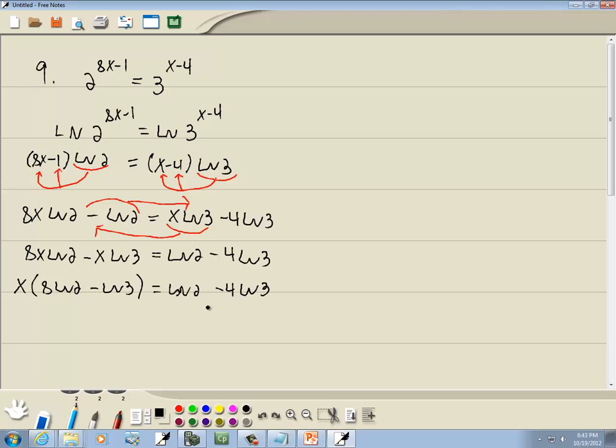So minus 4 ln of 3. Now if I plug 8 ln of 2 minus ln of 3 into my calculator, that just gives me a decimal. So we got a number next to x. So we're going to divide both sides by that number. We're going to divide both sides by 8 ln of 2 minus ln of 3.